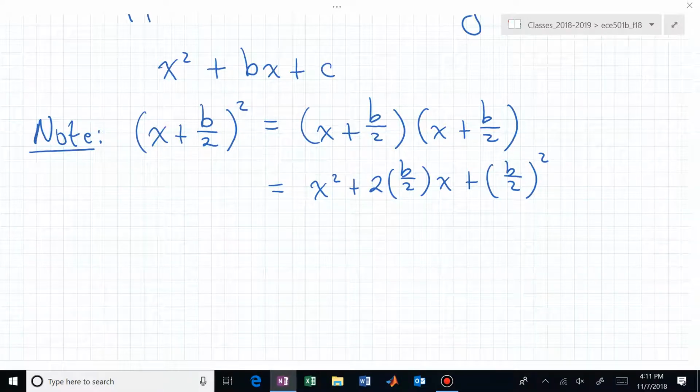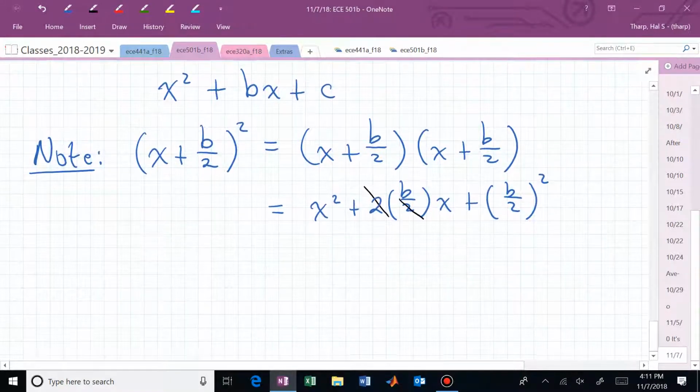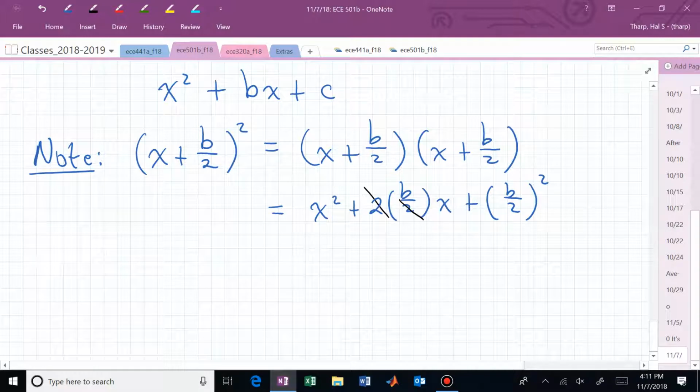And here I can cancel the 2, so I really do have x squared plus bx already sitting there. And what I now need to do is rewrite that so that I have it equal to c.